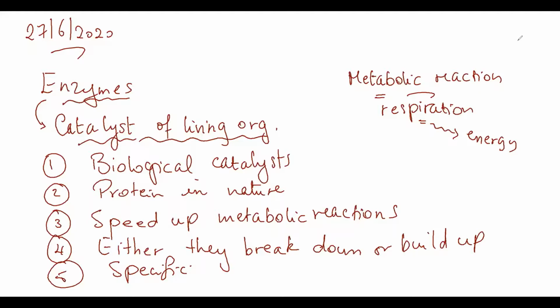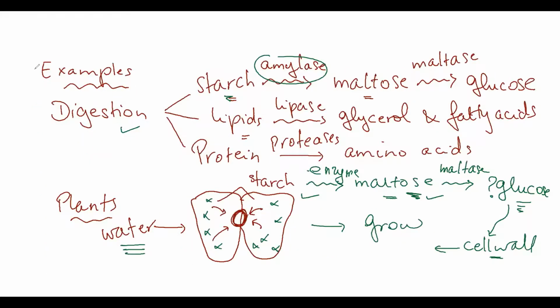Are there other properties of the enzymes? Yes, and it goes with all enzymes. So what are, in other words, the factors that affect the properties or the action of the enzyme? Factors affecting enzymes.